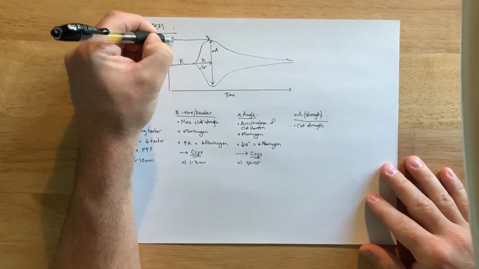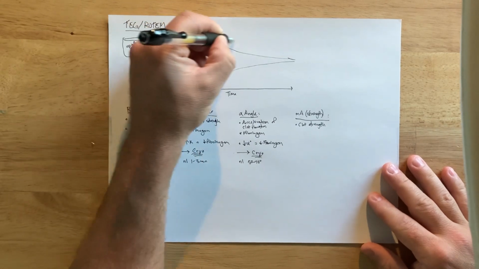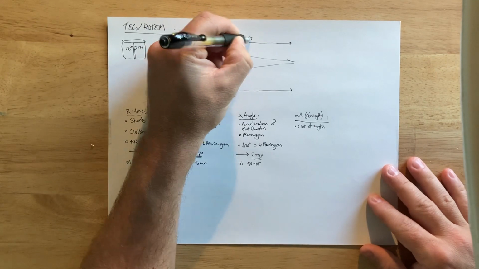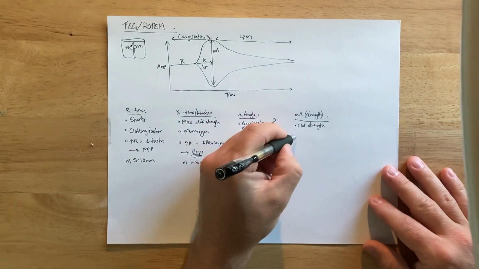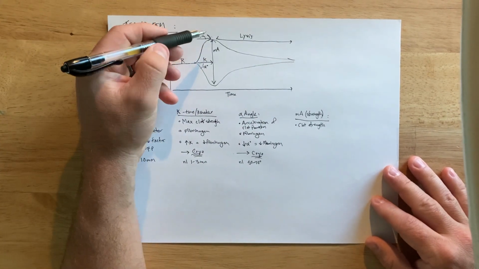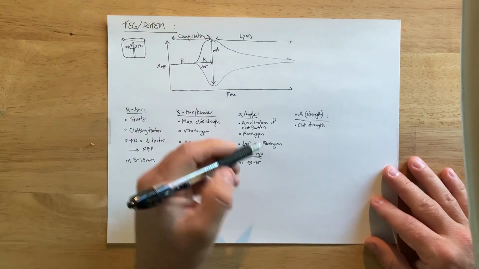So this is representing coagulation. Now this is representing clot lysis. Okay. So back to maximum amplitude: again, the strength that's at the very peak of coagulation, at the point where lysis then becomes predominant.